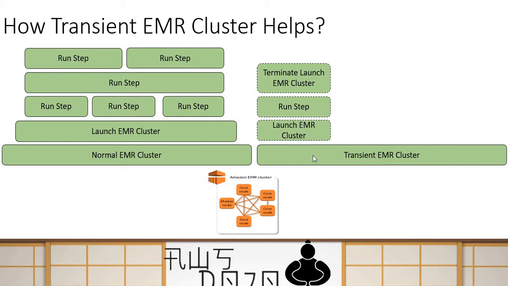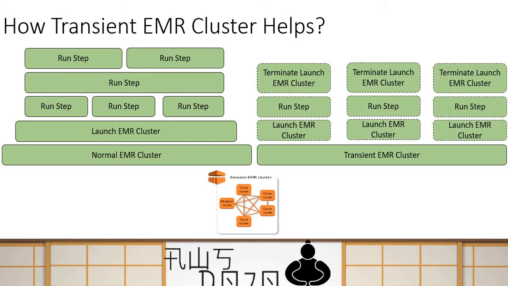But in transient mode, you launch an EMR cluster, run one or more steps at the same time. Let me be very clear, it's not only one step, but one or more steps, after launching the EMR cluster, and then the cluster gets terminated. And you can do this multiple times.